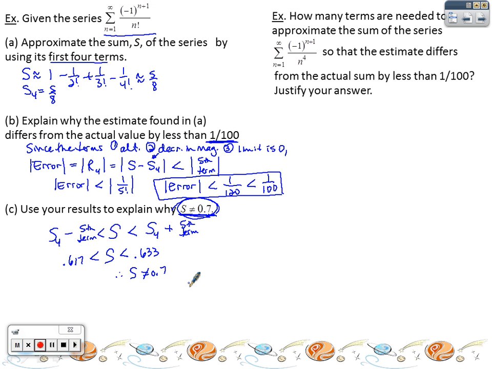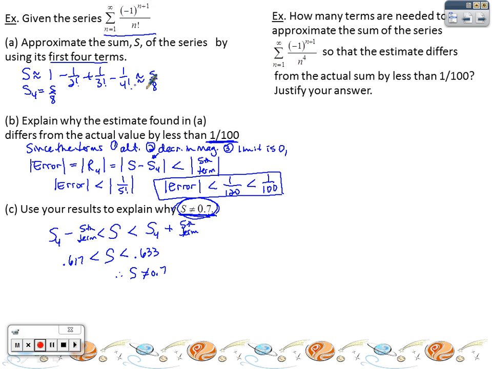What if we wanted to get a better approximation? What would we have to do? Right now, we're pretty close, 0.617, 0.633. What if we wanted to be close to the tenths or the thousandths? What would we do? Yeah, we just add more terms, right?